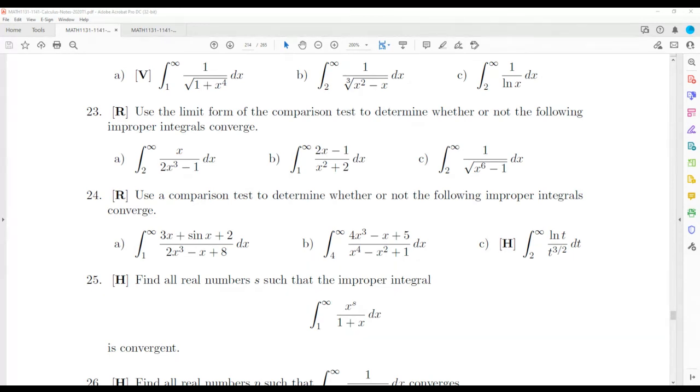Okay, almost everybody's voted. That's great. All right, so 13 people said it diverges, 8 people said it converges.